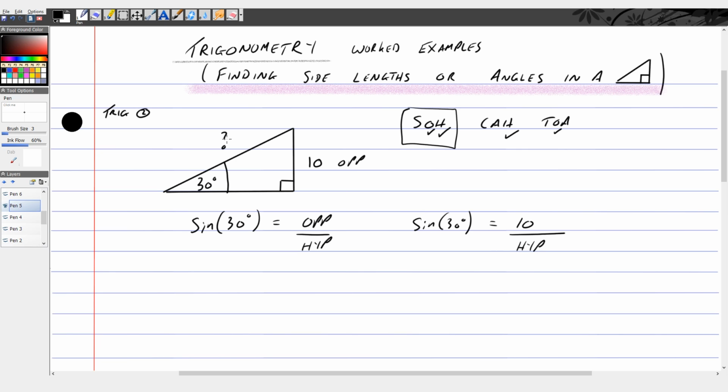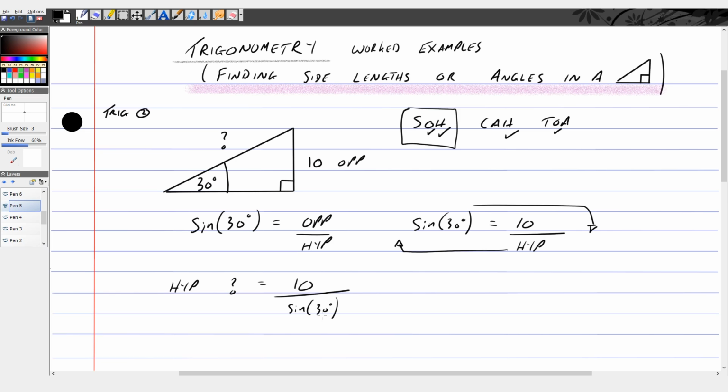So to find the unknown, the hypotenuse, you slide and rise the hypotenuse to the left hand side, swap and drop the sine of 30 degrees to the right hand side, and what we end up with, the hypotenuse, or the unknown side, is 10 divided by the sine of 30 degrees.